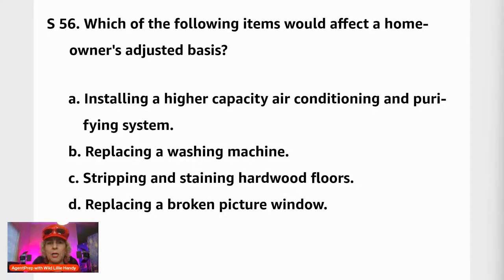So which item would affect a homeowner's adjusted basis? The basis is the original price of the property. What would change the basis to a higher basis so that when the property is sold, they don't go with the original purchase price to take into account any profit for capital gains?